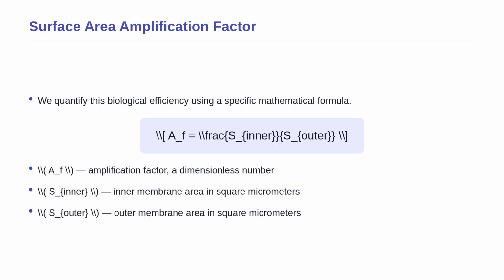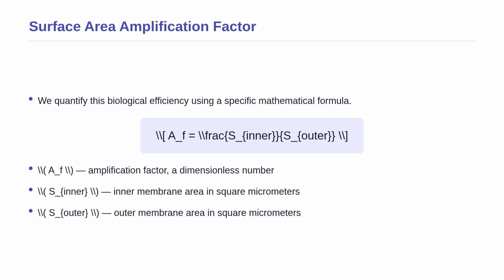To truly understand the impact of this folding, we can measure this biological efficiency mathematically. We use a concept called the surface area amplification factor. The formula is A_F = S_inner / S_outer. Here, A_F is a dimensionless number, telling us exactly how much larger the inner membrane is compared to the outer one.